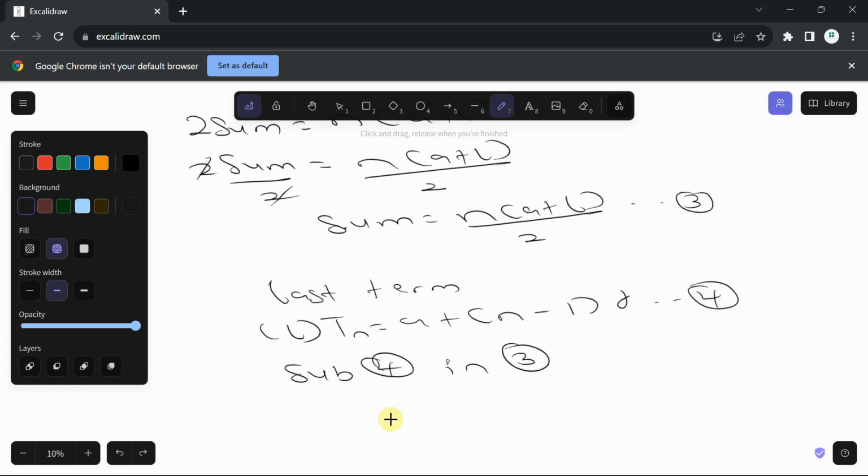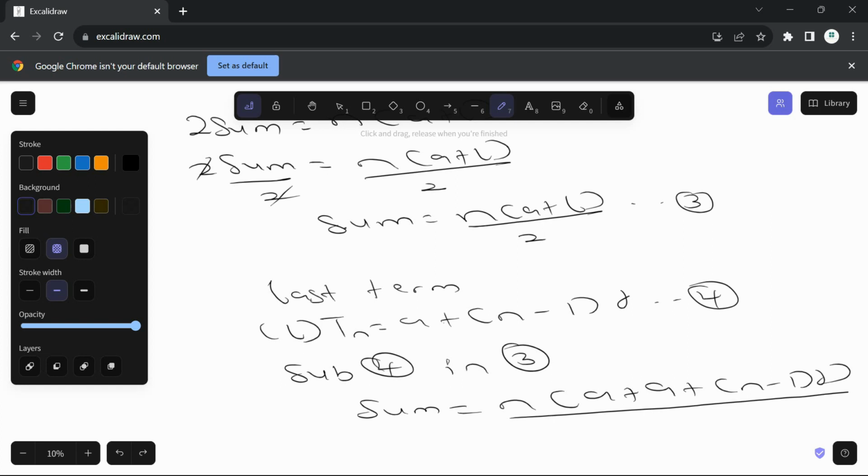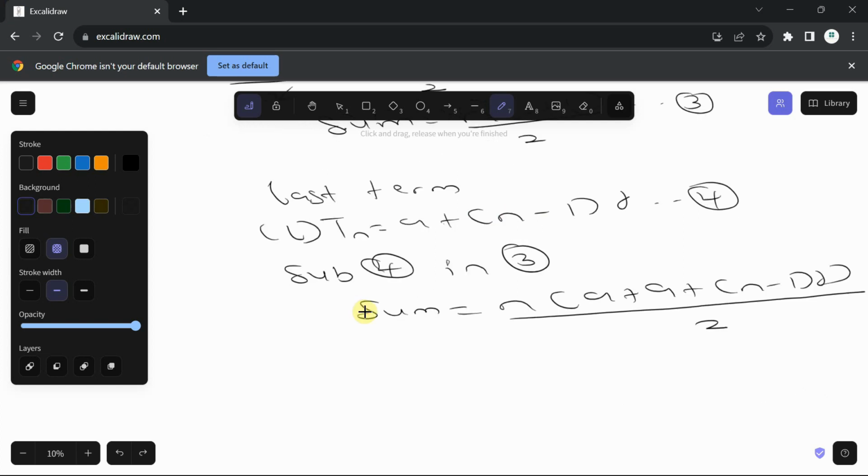So if I substitute, sum is equal to n open brackets a plus all of these guys, a plus (n minus 1) d, then this will be divided by 2. So the sum will now be equal to n open brackets, a plus a is 2a, plus (n minus 1) d, divided by 2.